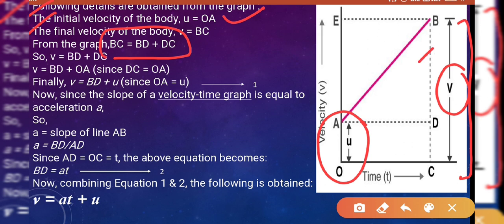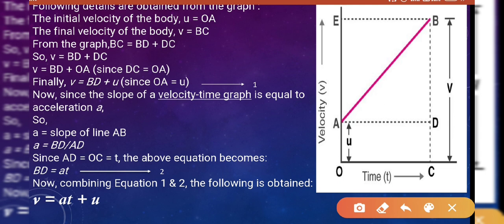It means BC, your final velocity v, is equal to BD plus DC, or we can write that v is equal to BD plus u. This is your first equation.